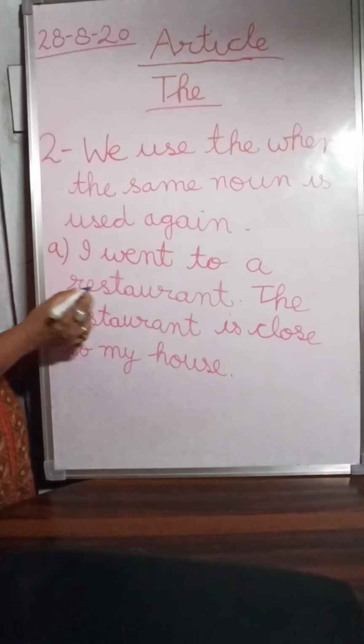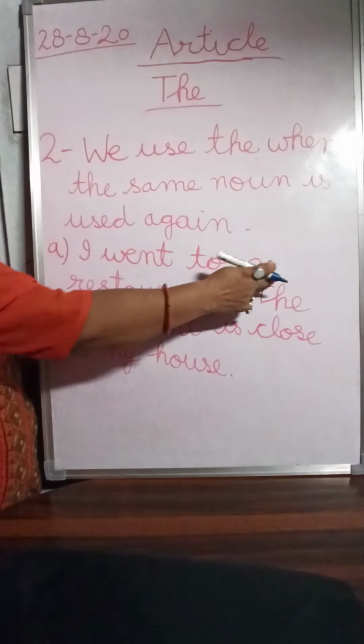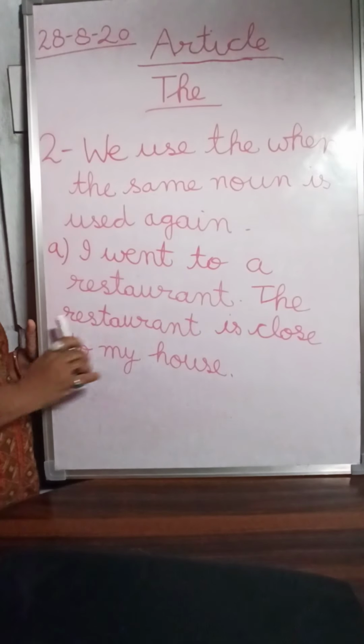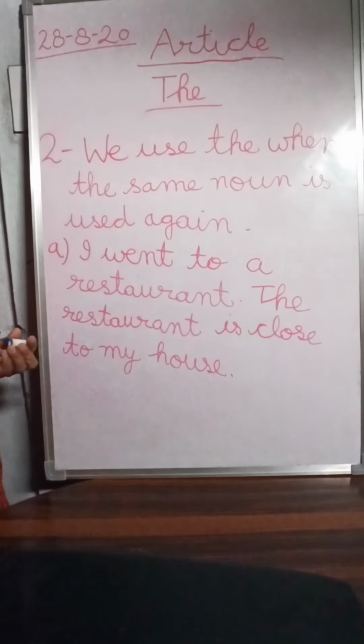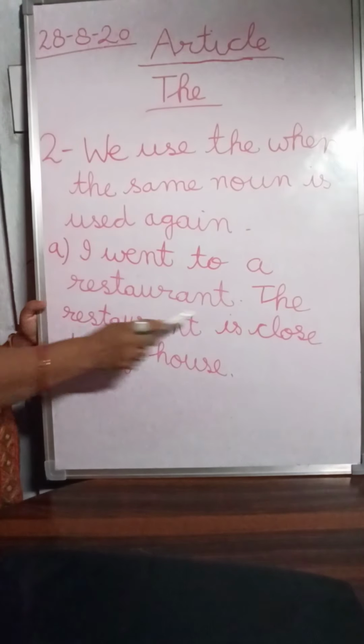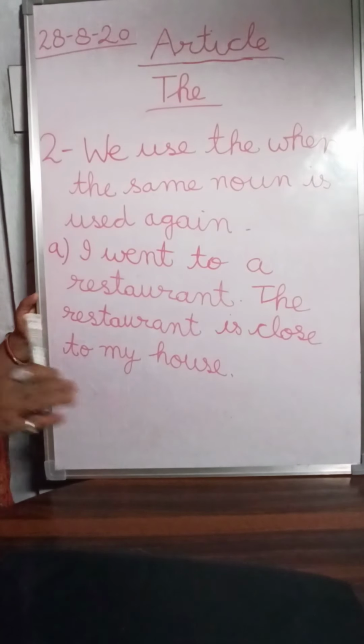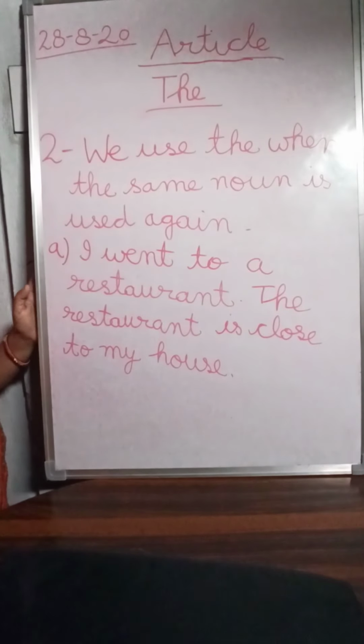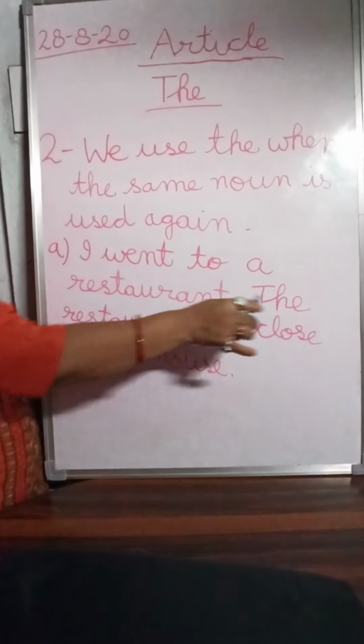In this noun, R is a consonant, so we have written here a. But in second sentence we are saying the restaurant is close to my house. कि वो रेस्टोरेंट जहाँ पे हम कल गए थे मेरे घर के बहुत पास है. So now the restaurant word is repeating. So we will write before restaurant the.